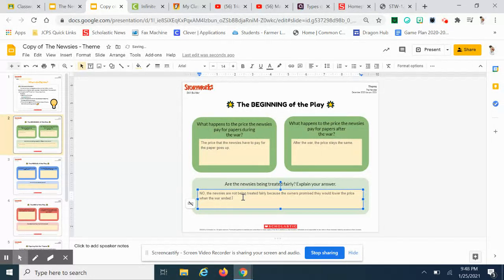All right, so just 3 sentences there for this slide. All right, now we're going to go to slide 3. So that was at the beginning of the play. That's kind of how the whole problem gets set up at the beginning. And this is kind of what causes the Newsies to go on strike.